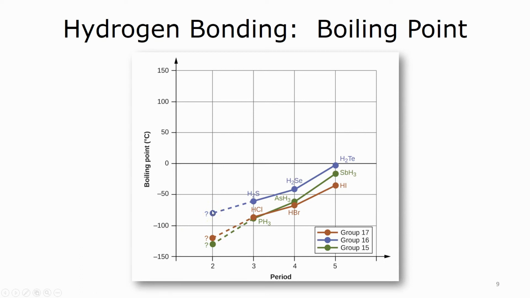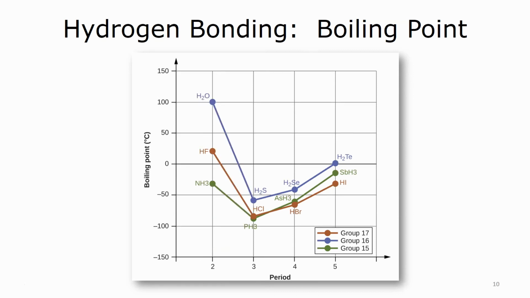We know this isn't true. Same goes for group 17 and group 15. We would expect the boiling point of hydrogen fluoride to be about -120 and the boiling point of ammonia to be about -130. This actually isn't the case.